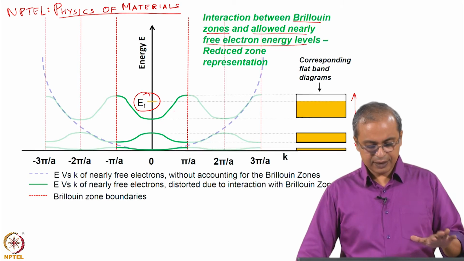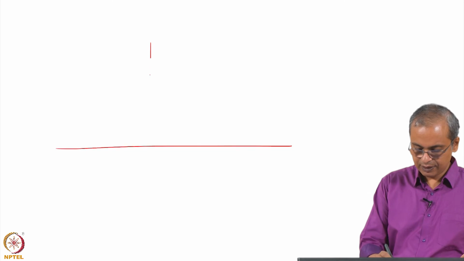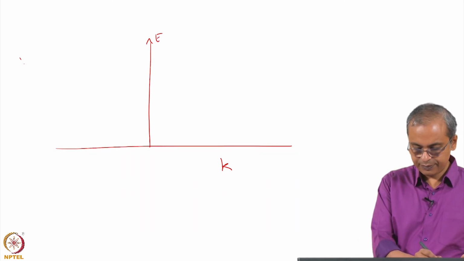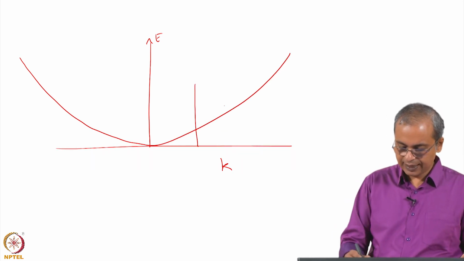For our discussion, we will simply take this diagram, and we will keep in mind the fact that this has come because of an E versus K parabola that is possible, and how that parabola interacts with Brillouin zones.